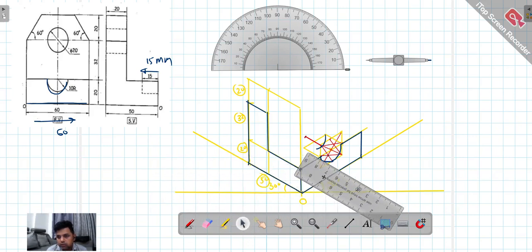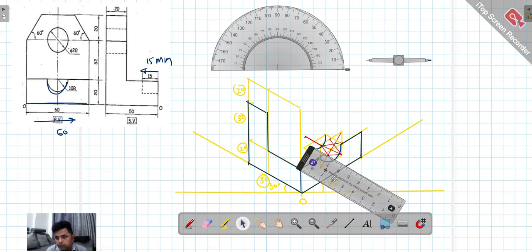you need to shift this point also. Which point? This point also you need to shift. How much? 15. See, exactly parallel I took. This is 0, say this is 10, this is 15.